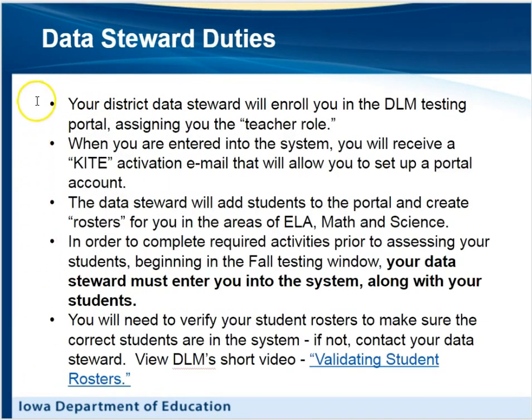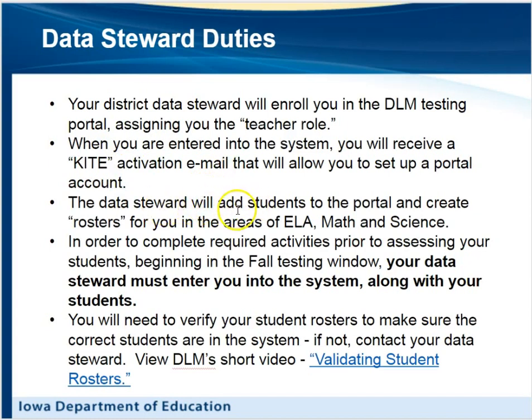I want to emphasize that the data steward has a very important set of duties, especially in the fall. They will enroll you in DLM portal, assigning you to a teacher role. Some of you may be veterans and already be in the system. If you're new to alternate assessment, when your data steward enters you into the system, you'll receive a Kite activation email. You'll hear the word Kite later that is associated with the DLM system, and that will allow you to set up a portal account.